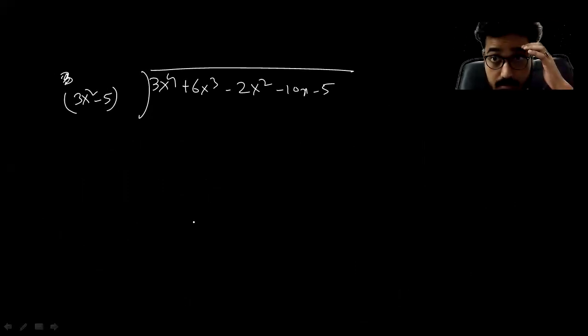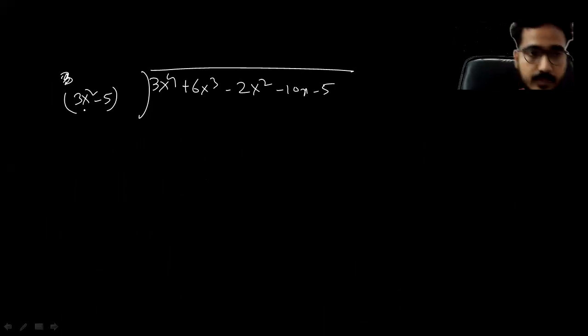Now when you do the division part, you first see the first term of the divisor and the first term of the dividend. Here the first term of the divisor is 3x square, here 3x to the power 4. How many times will it divide? You have to multiply 3x square with x square, then you will get 3x to the power 4. When you multiply, it will be 3x to the power 4 minus 5x square.